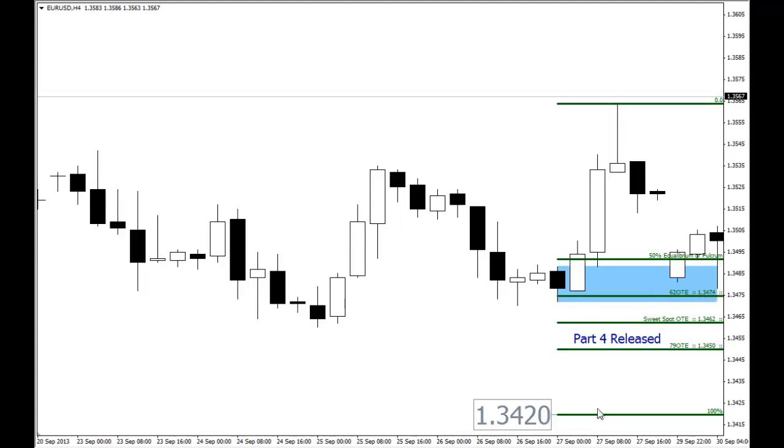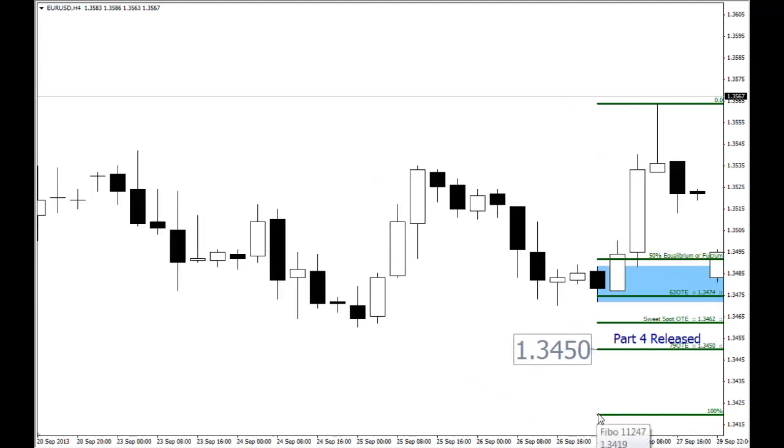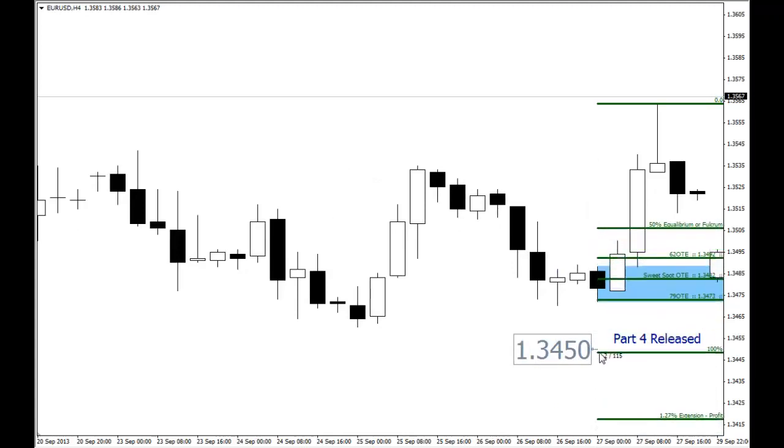Okay, so by itself between here and here, this is an area where we could reasonably expect to see price bounce if we're using that range. Okay, and the 134.50 level here, let's draw our fib from that reference point.